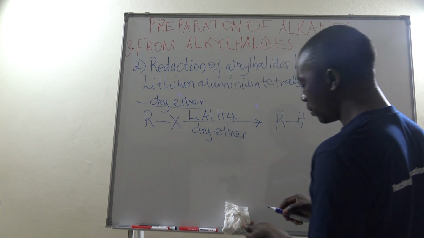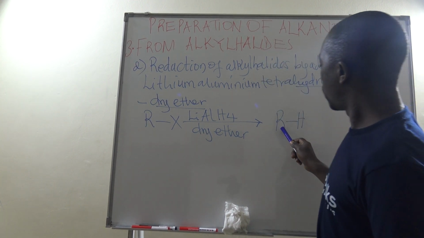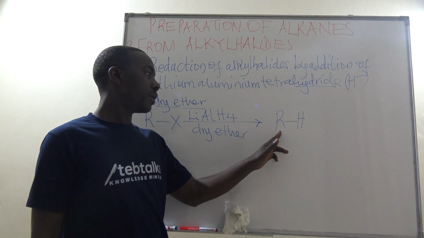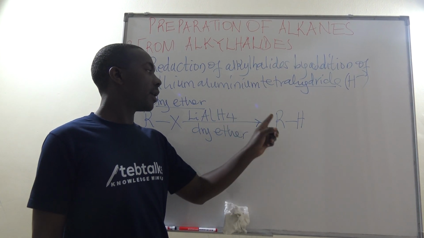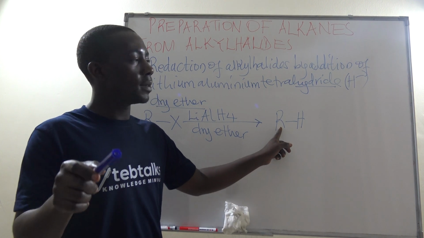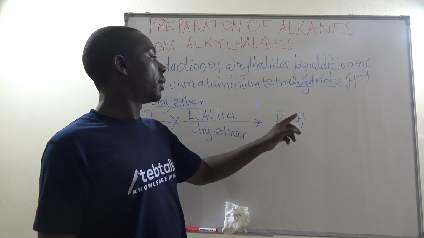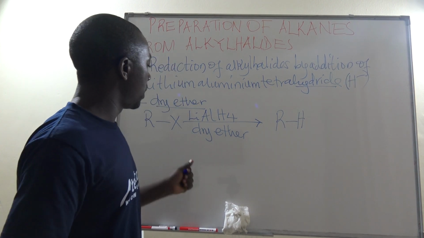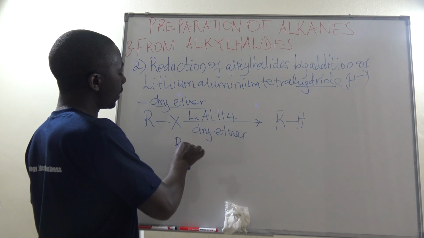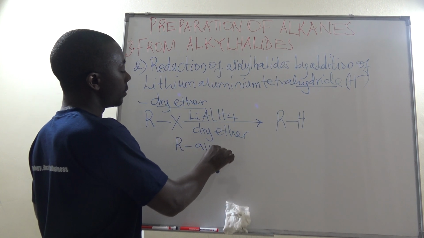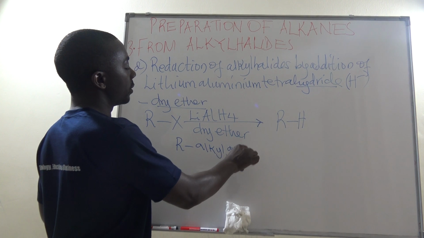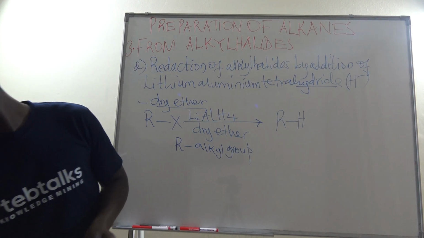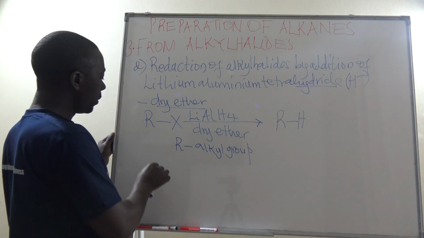This R is an alkyl group, and remember we said the difference between an alkyl group and an alkane is that the alkyl group is 1 hydrogen less than the expected alkane. So when you give it the hydrogen that was lacking, then it becomes an alkane.